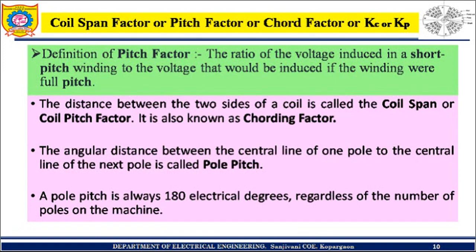The angular distance between the center line of one pole to the center line of another pole. Remember this: full pitch is the center line of N pole to the center line of S pole. And full pitch is always 180 degrees regardless of the number of poles of the machine.